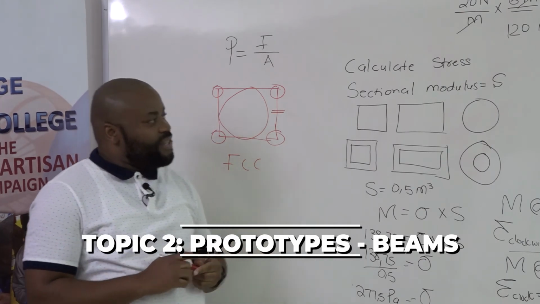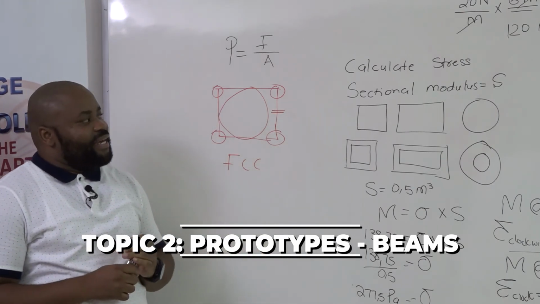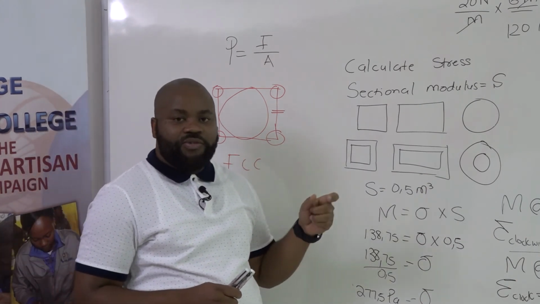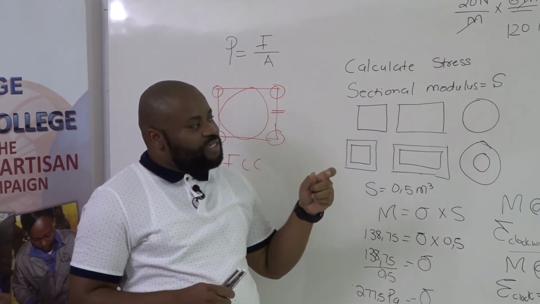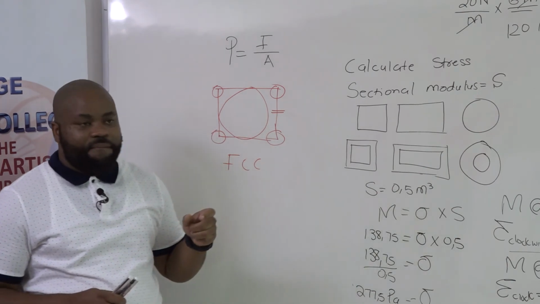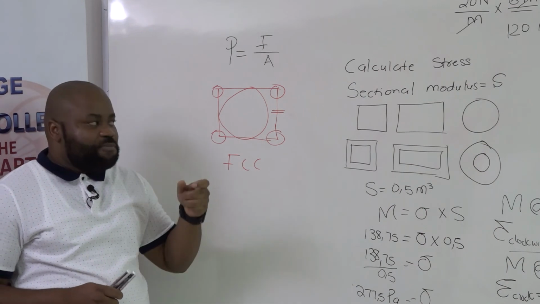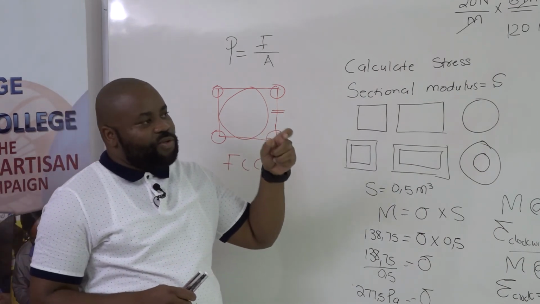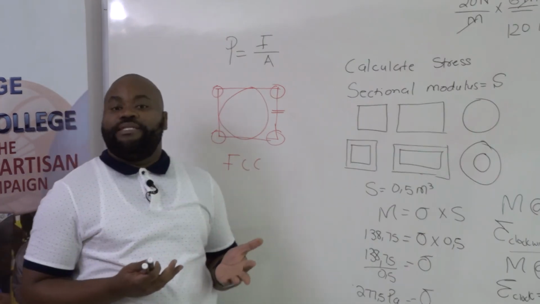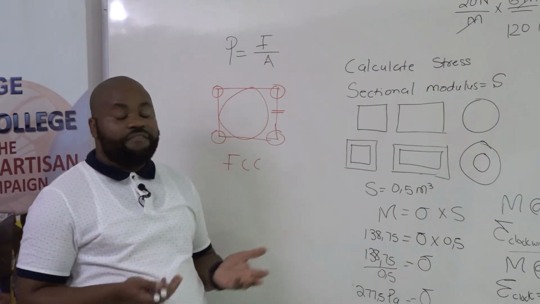Because you must remember that in engineering, there is one critical thing that we teach you: use the correct tools for the job. Meaning that this beam is going to act as a tool for us to be able to build a huge building or a building with many floors.